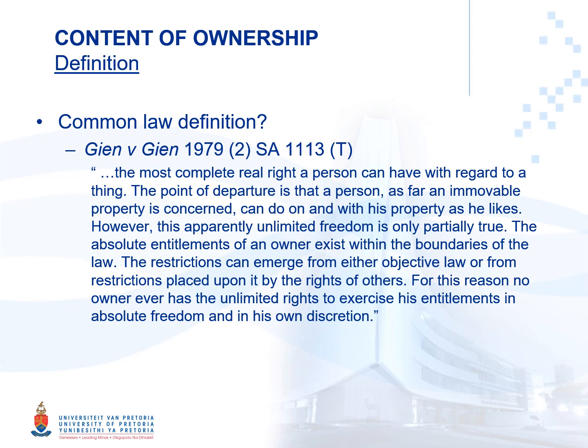The absolute entitlements of an owner exist within the boundaries of the law. The restrictions can emerge either from objective law or from restrictions placed upon it by the rights of others. For this reason, no owner ever has unlimited rights to exercise his entitlements in absolute freedom and at his own discretion. In the next slide, we are going to focus on the features of ownership that arise from this authoritative definition of ownership.